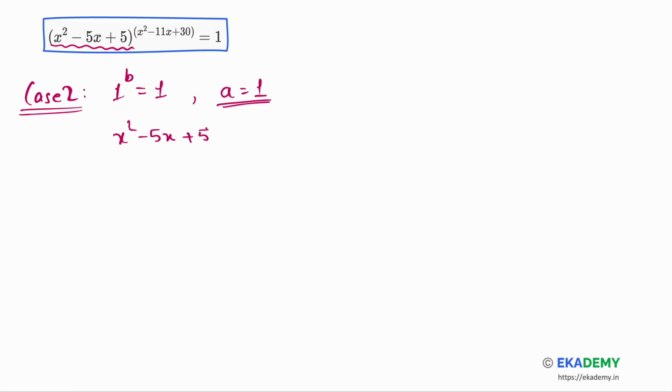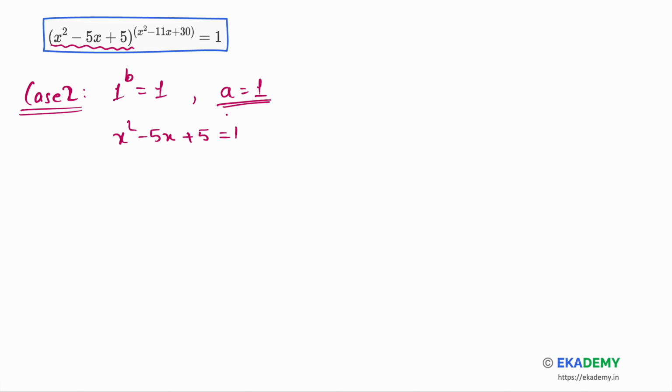Let me write this, case 2. 1 raised to the power b will always be 1. That is when a is 1. So, what is a? This base is a, that means x square minus 5x plus 5 equals 1.